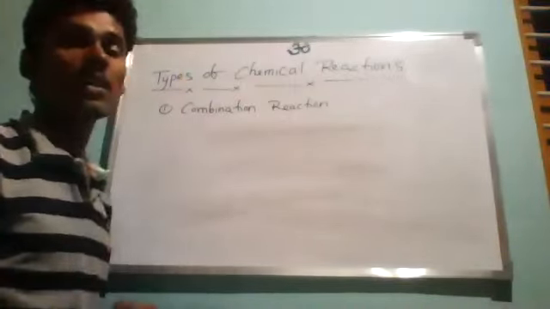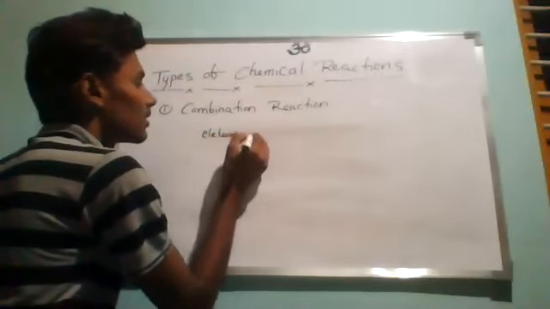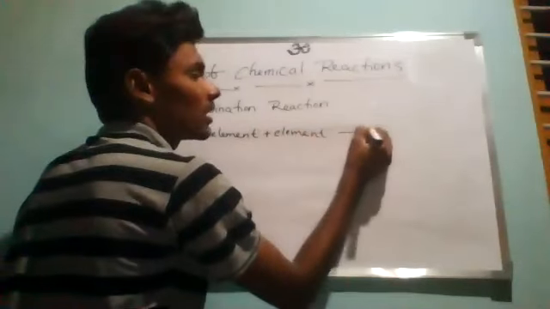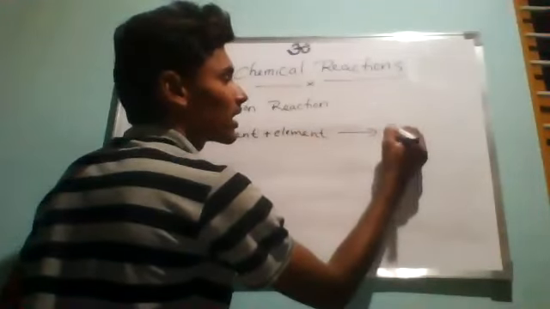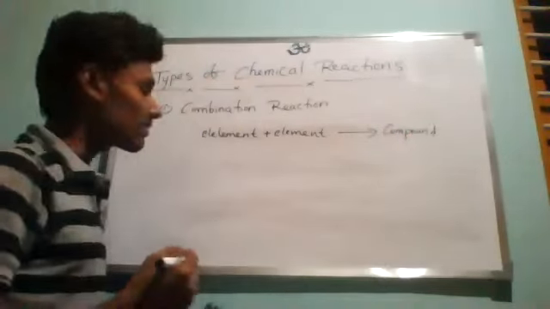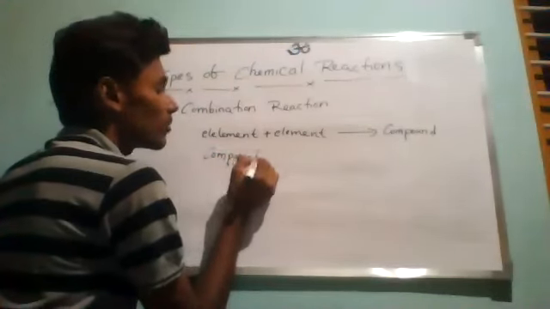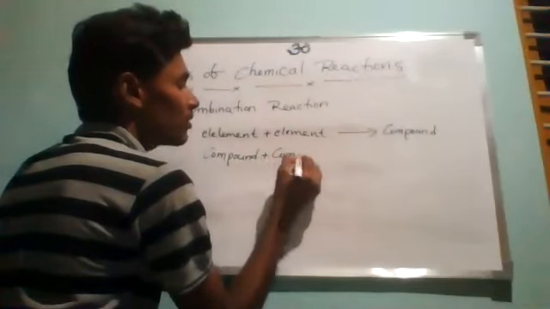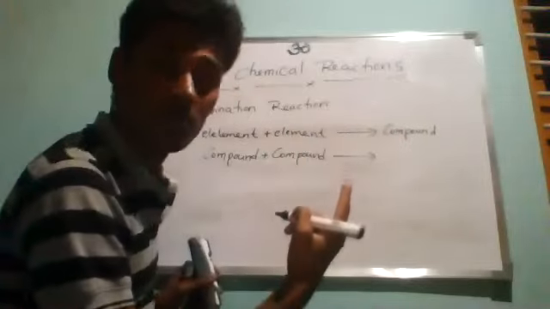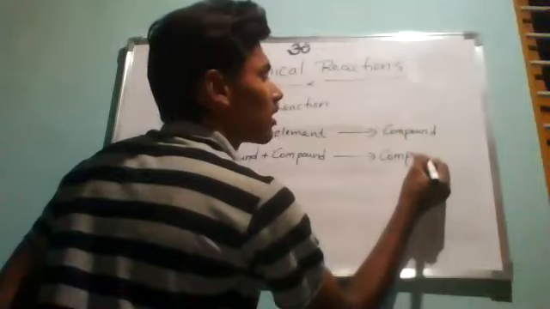Either element plus element, where elements combine together and form a single substance called a compound. The next type is compound plus compound: one compound will react with another compound and form again only a single product, which is a compound.